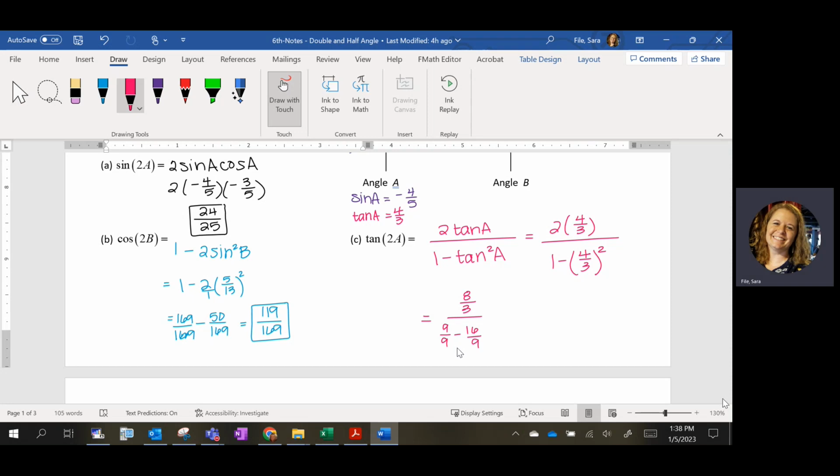Okay, and that gives me negative 7/9. And I flip and multiply, right? When I divide fractions. So I'm going to multiply by negative 9/7, which the 9 and 3 reduce, or you can reduce it later. It doesn't matter if you reduce first or at the end. But that's going to be negative 24/7.